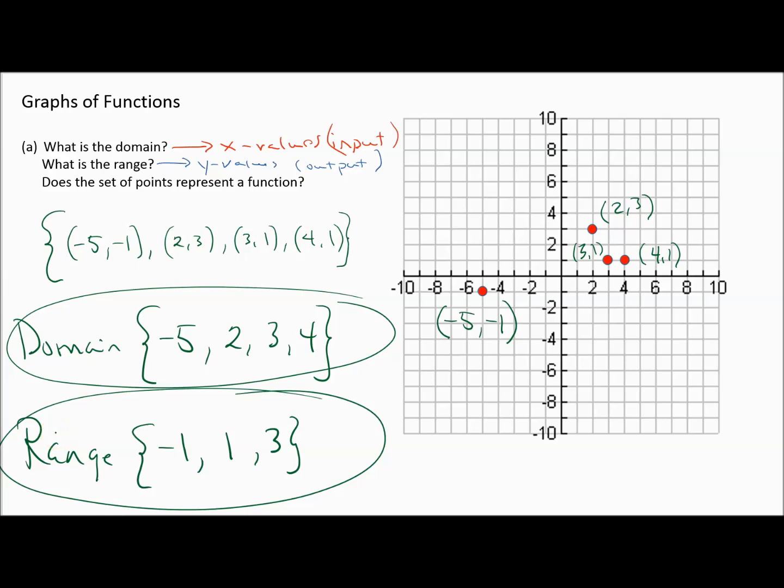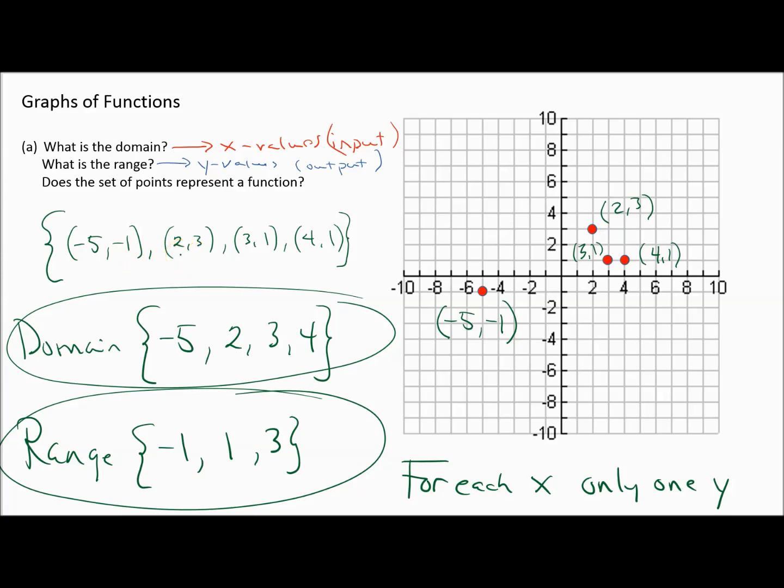Finally, it says, does the set of points represent a function? Now remember, a function says for each x, or each input, or each value in the domain, there's only one y. Okay, and we can go back and look at our list of ordered pairs, or you can look at the graph. For -5, there's only one y value, it's -1.